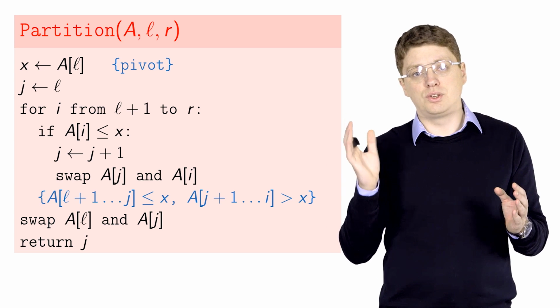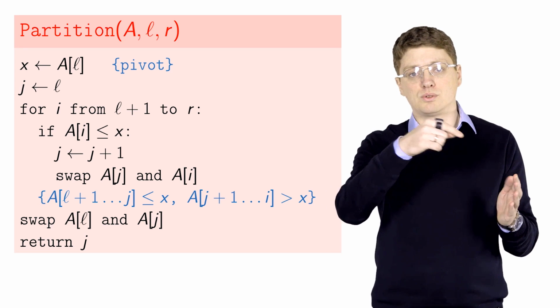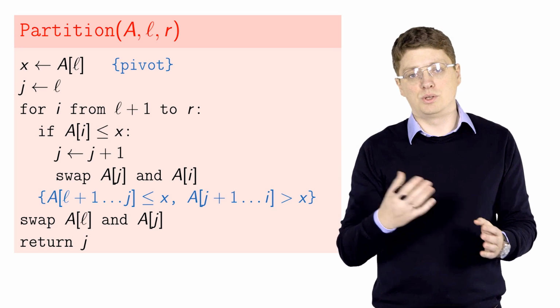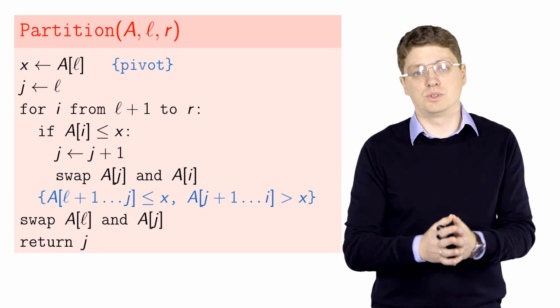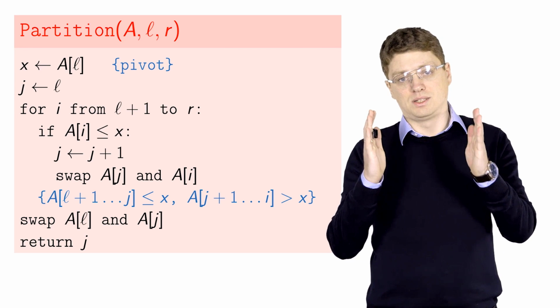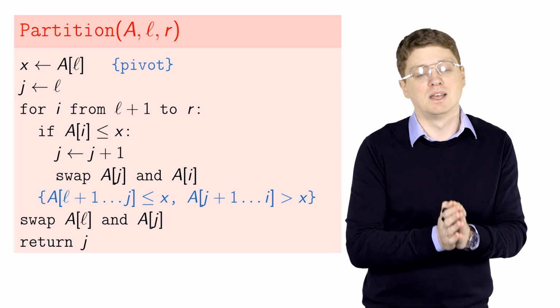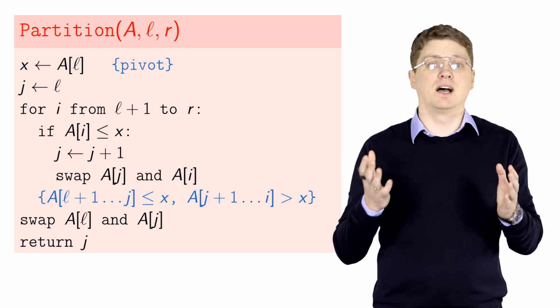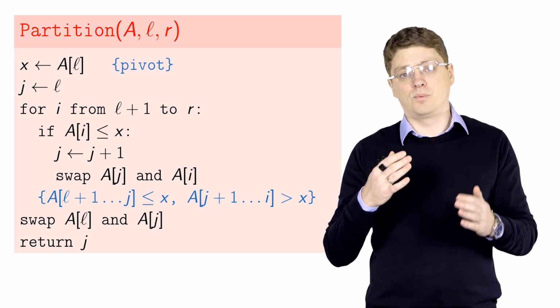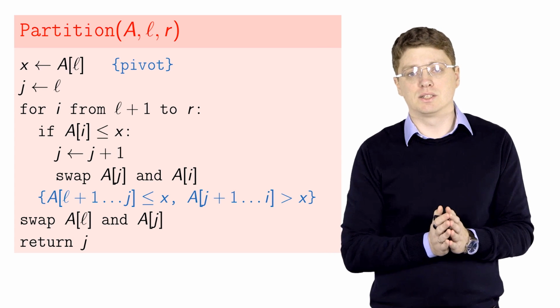However, if the newly discovered element is at most x, then we need to move it to the first region, right? So we do this as follows. We just increase the value of J to indicate the fact that the first region has just been extended, and then swap the elements A of J and A of I, okay? So this way we just maintain our invariant each time when I is increased.